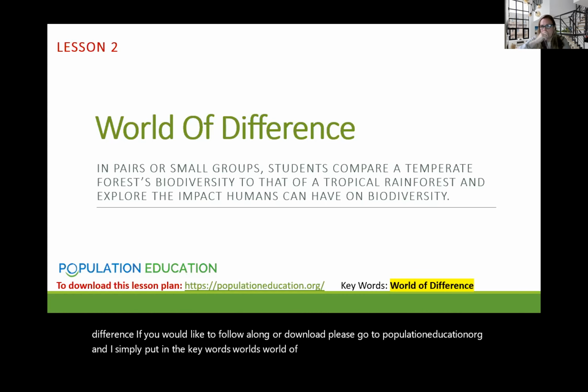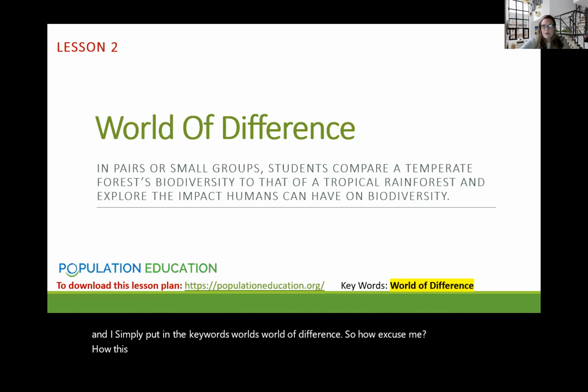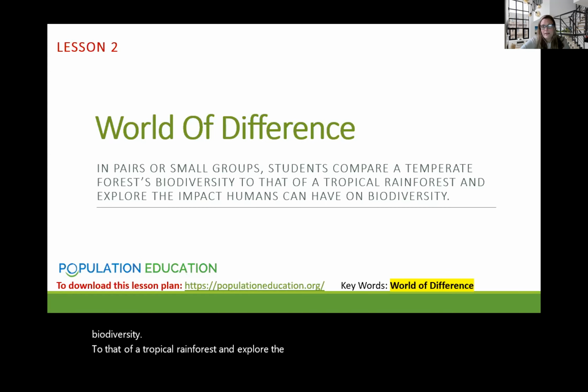How this lesson works: in pairs or small groups, students compare a temperate forest biodiversity to that of a tropical rainforest and explore the impacts that humans can have on biodiversity.